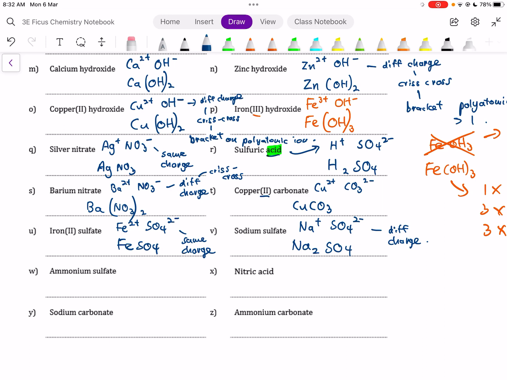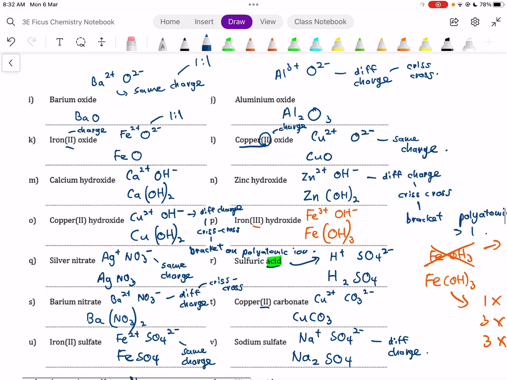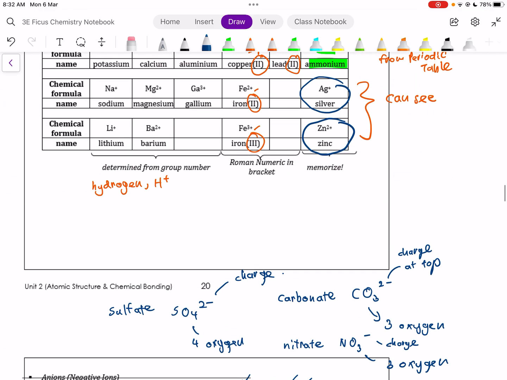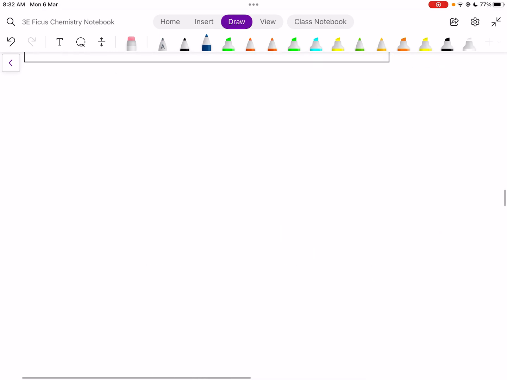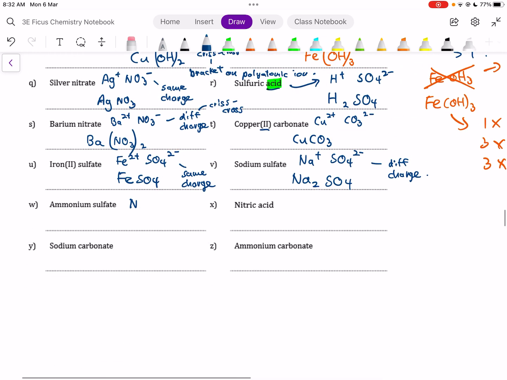Then we have ammonium sulfate. Ammonium is the polyatomic ion down here. The thing is, very often it's confused with another term called ammonia. Ammonia means NH3, while ammonium is NH4+. So NH4+, SO4 2-.